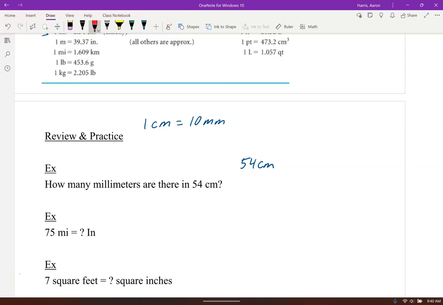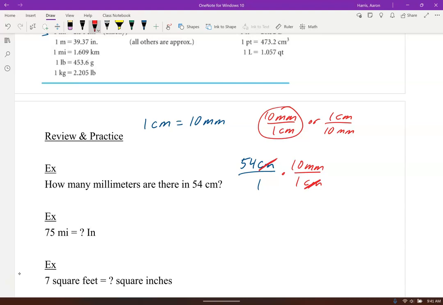So then the question is, do I use 10 millimeters for every 1 centimeter, or do I use 1 centimeter for every 10 millimeters? Well, we want the centimeters to cancel. Right now this is over 1, so centimeters is in my numerator. So I've got to use this one, 10 millimeters for every 1 centimeter, and my centimeters cancel.